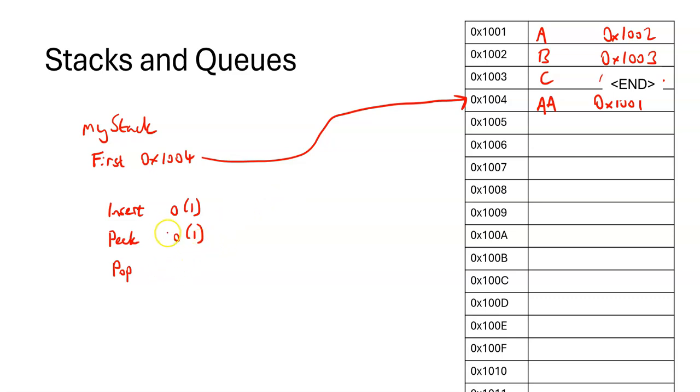That's the opposite of insert. We go to the first, so as the thing is now, we would go to that address 1004, we'd read this thing here, and we would change the first pointer to that one. We wouldn't even need to delete that. That can just be sat there in limbo. So that is going to be big O of 1.